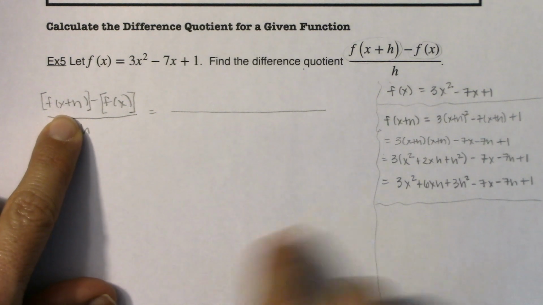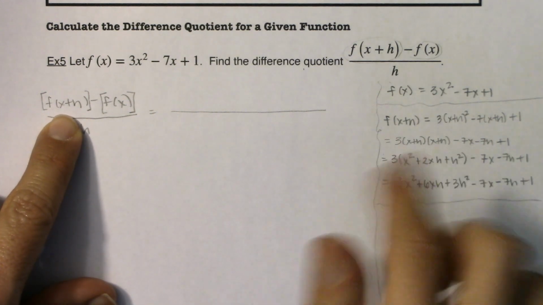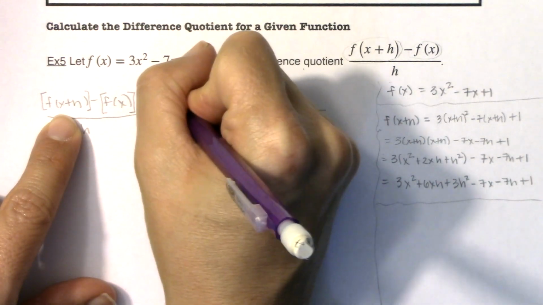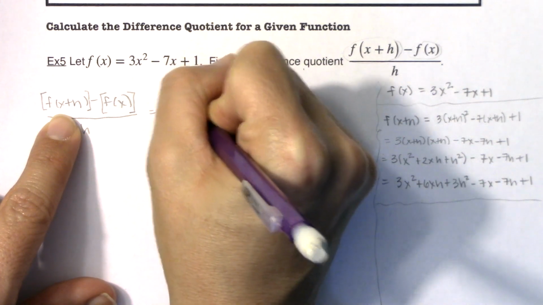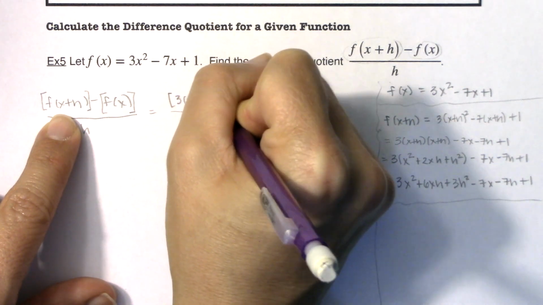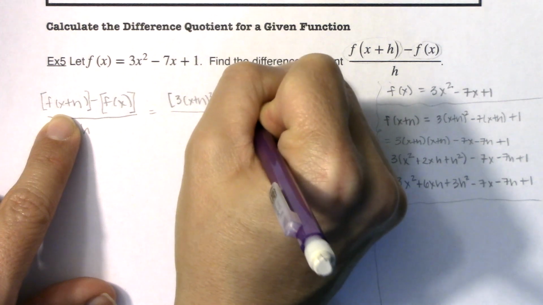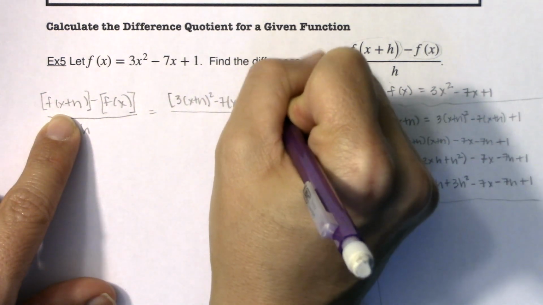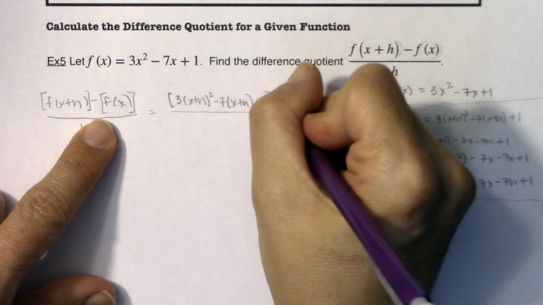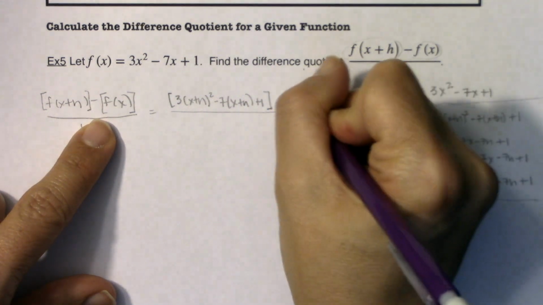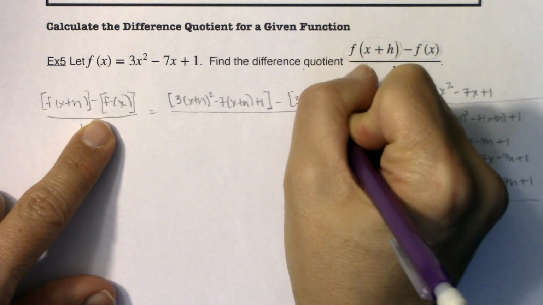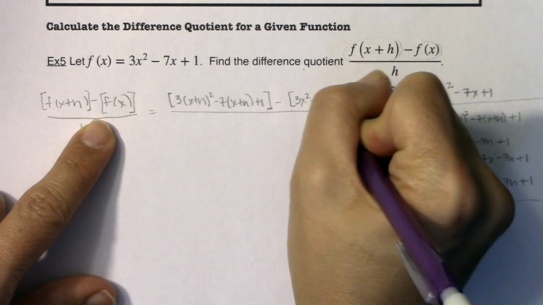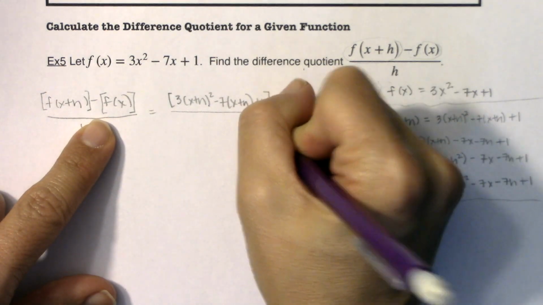So f of x plus h is this thing, but I'm going to write this as 3 times x plus h squared minus 7 times x plus h plus 1. I'm going to subtract out my original function, which was 3x squared minus 7x plus 1. And I'm going to put that all in ratio to h.